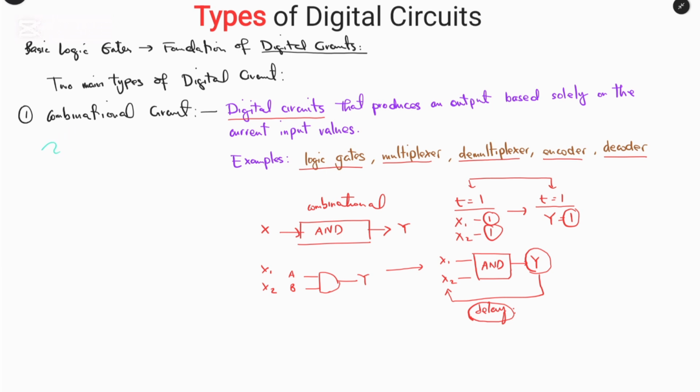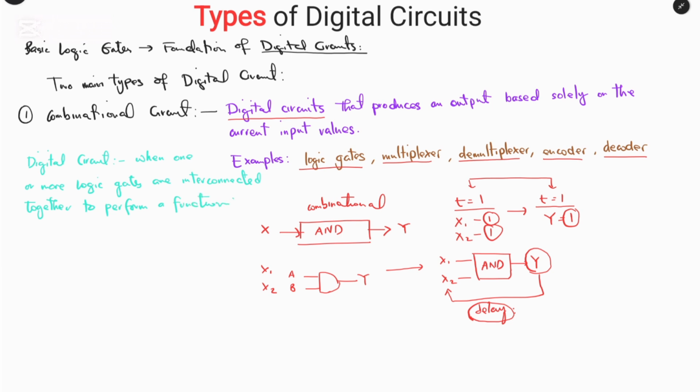When we look at a digital circuit, we can define it as one or more logic gates interconnected together to perform a function.